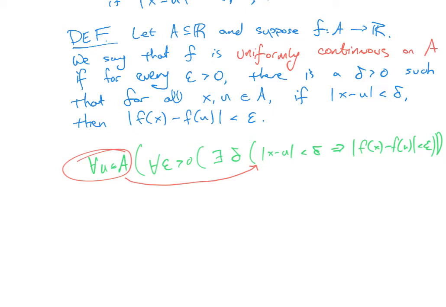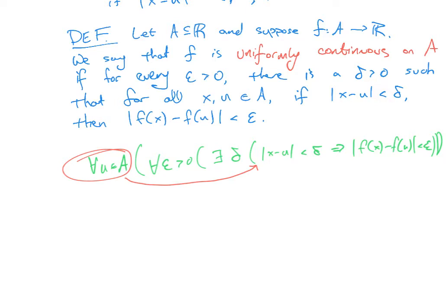This is not the same definition. We have changed the definition because we moved the quantifier. This is a stronger definition. I hope it's obvious that if you are uniformly continuous, then you are continuous, because uniformly continuous just says you can use the same delta wherever.